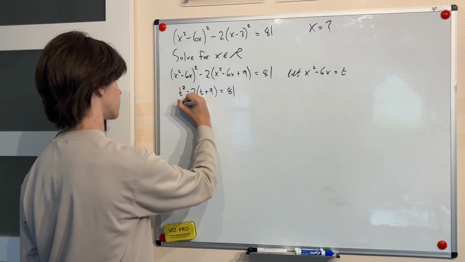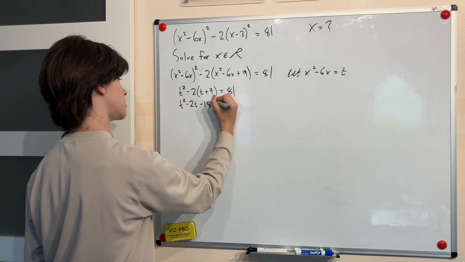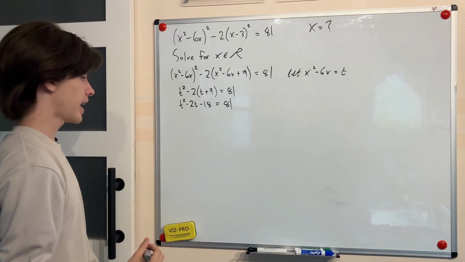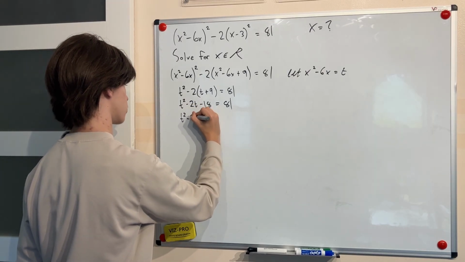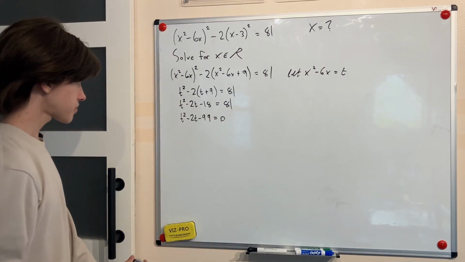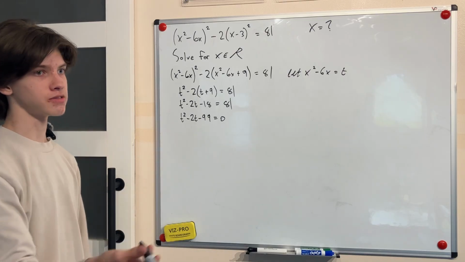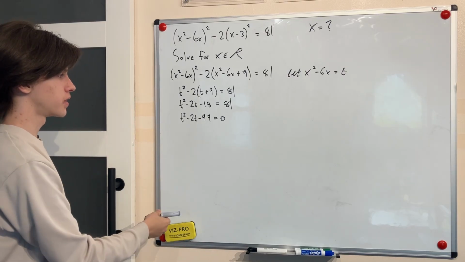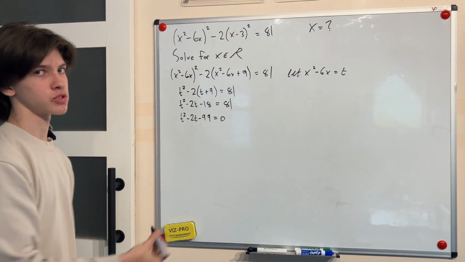And let's open up some things, maybe we'll be able to factor it. Minus 2t minus 18 is equal to 81. And yes, this is in fact very easily factorable. We get t squared minus 2t minus 99 is equal to 0. And notice how positive 9 and minus 11 add to minus 2, and multiplied are equal to negative 99.